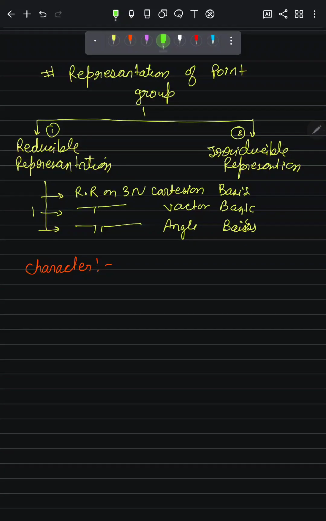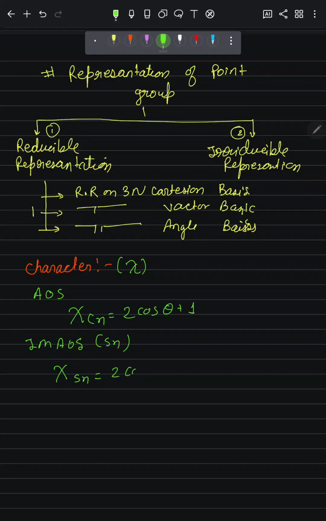A character is the character corresponding to symmetry elements. We discuss characters according to symmetry element, just like for an axis of symmetry, the character is represented by psi. So psi Cn is equal to 2 cos theta plus 1, and for improper axis of rotation, or Sn, we write psi Sn, which is equal to 2 cos theta minus 1.